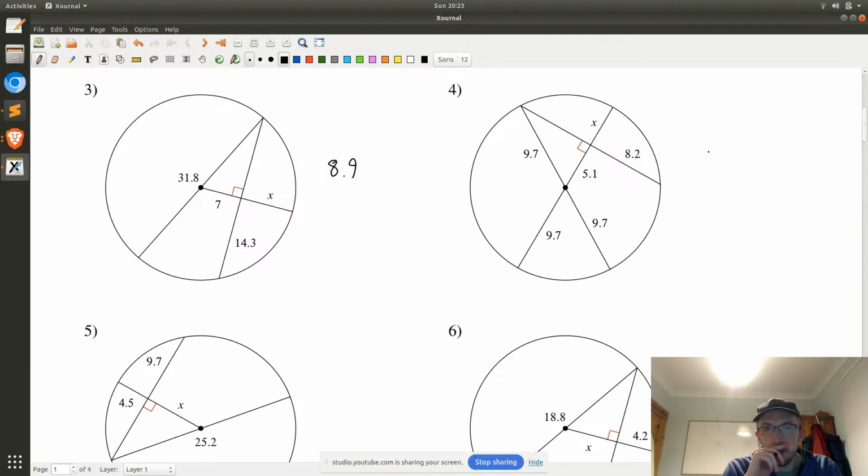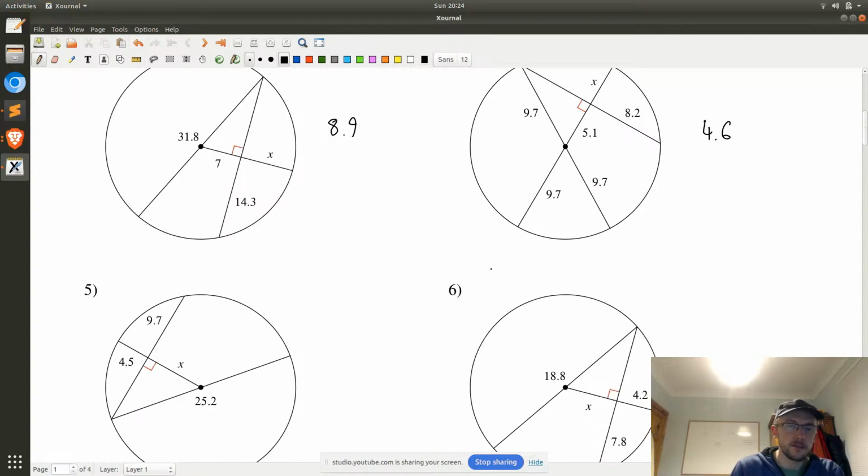Okay, here. Well, the radius appears to be 9.7, and this length here appears to be 5.1. So 9.7 minus 5.1 is 4.6. And we'll check at each step of the way.